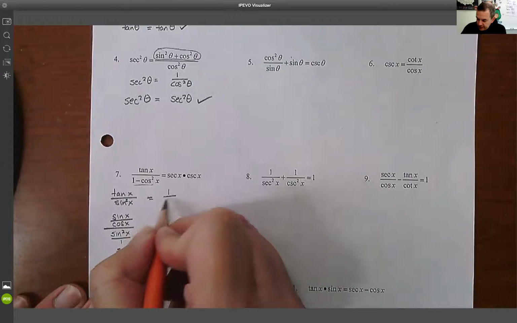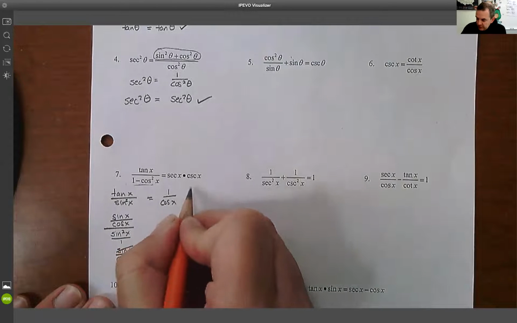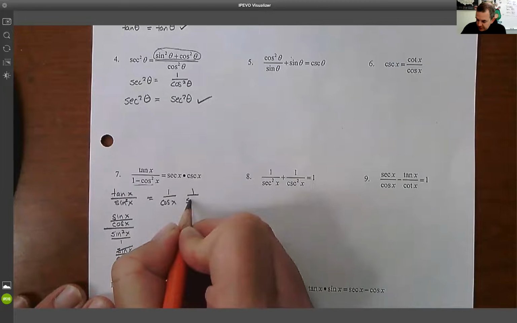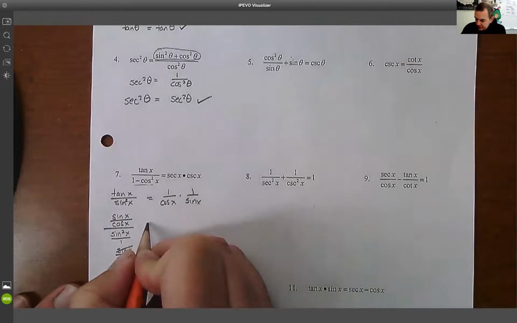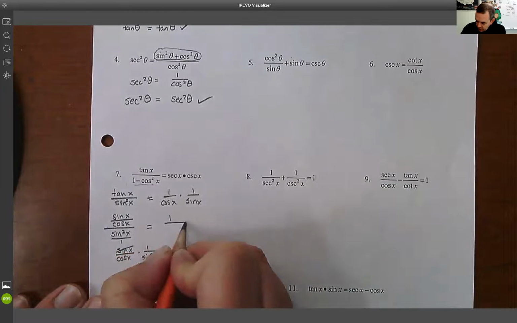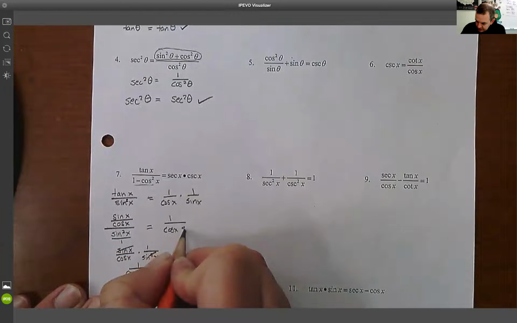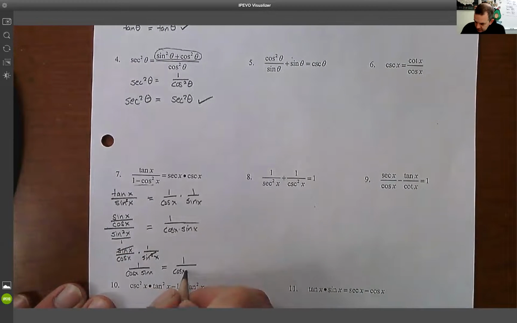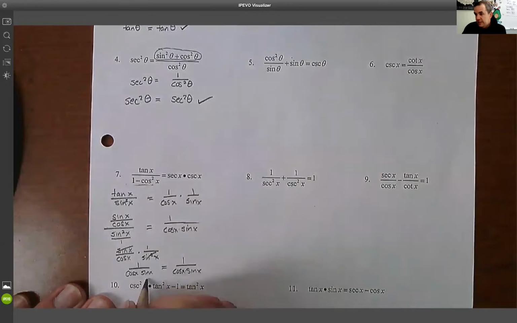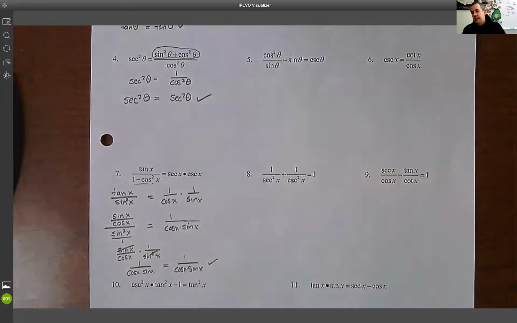Secant x is the same as 1 over cosine x. Cosecant x is the same as 1 over sine x. If I multiply those back together, I get 1 over cosine x times sine x. In this case I couldn't get it down to one term, but if you take a look, they're the same. So we've verified that trig identity.